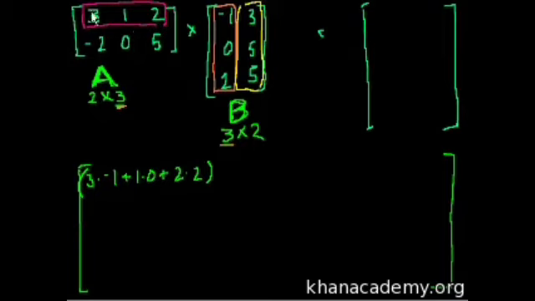So we multiply this row vector times this column vector to get row 1, column 2, right? 3 times 3 plus 1 times 5 plus 2 times 5. We're just multiplying the corresponding terms: the first term times the first term, the second term times the second term, the third term times the third term, although in this case, they're going down.